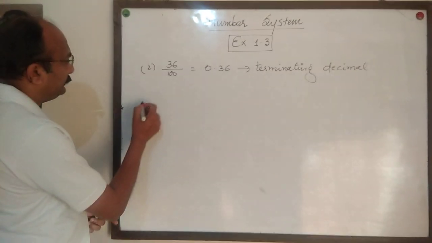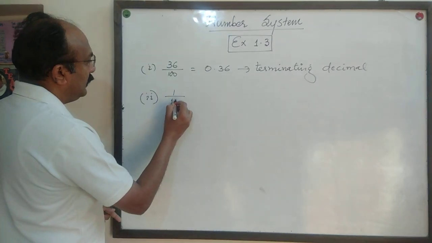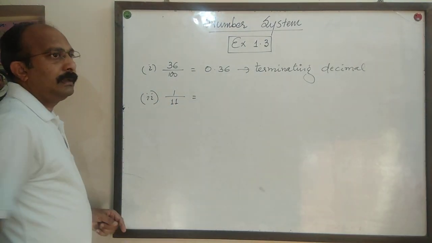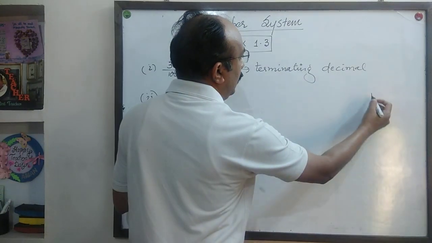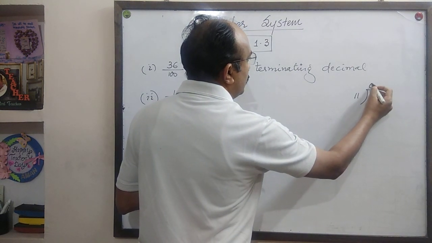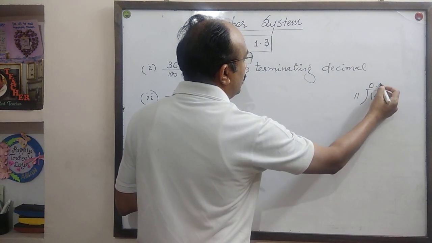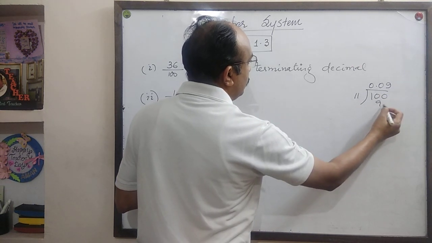Question number 2, 1 upon 11. Now let us divide 1 upon 11. 0.09.